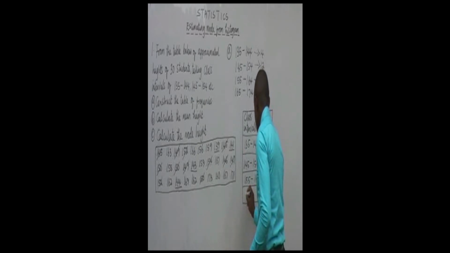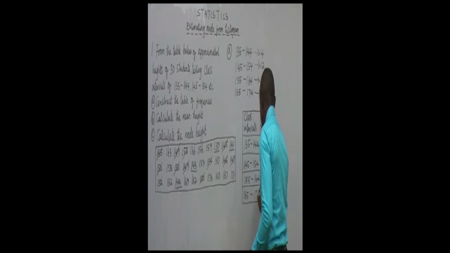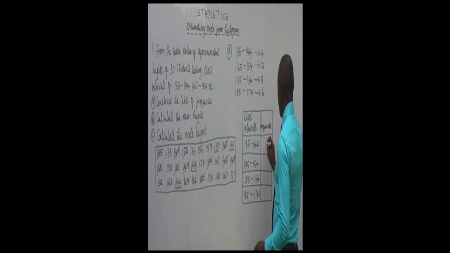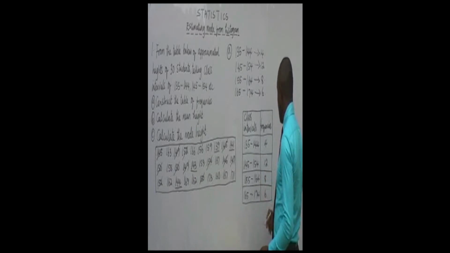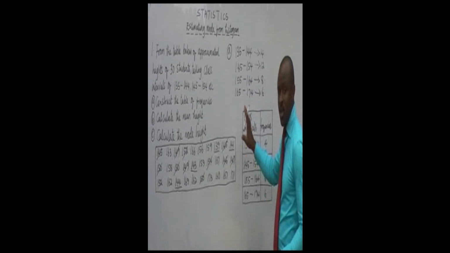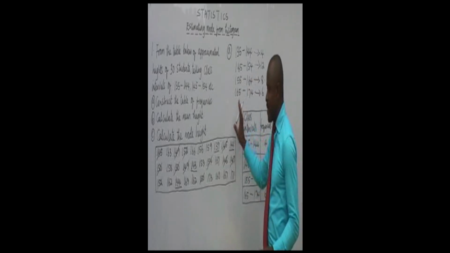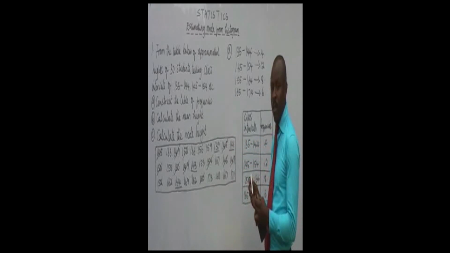The last is 165 to 174. The first has 4 members, second 12, third 8, fourth 6. You have finished question number A. The next thing is we're going to clean off this and do question number B.